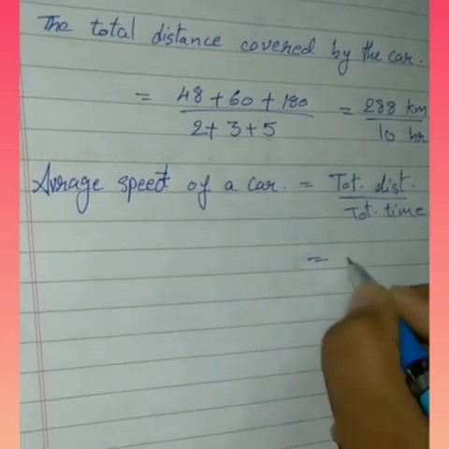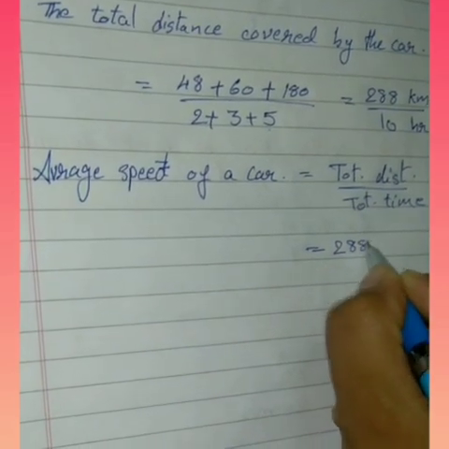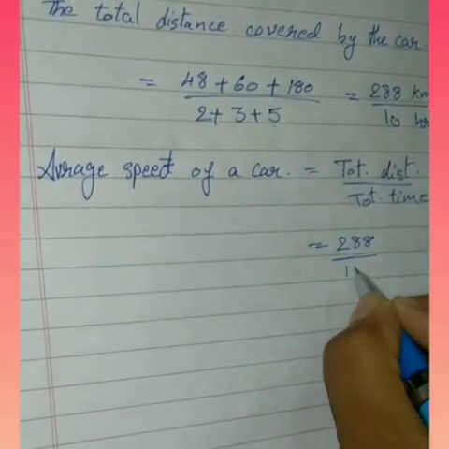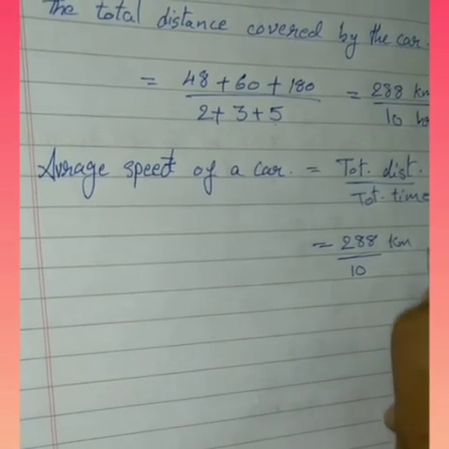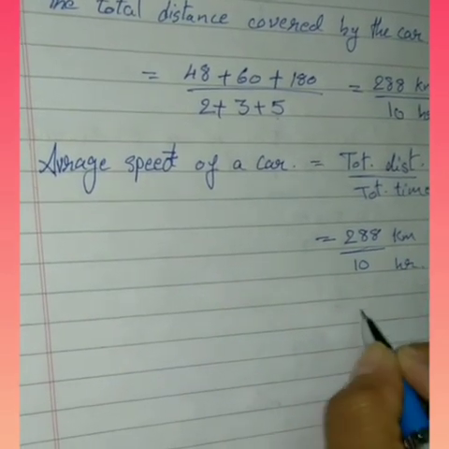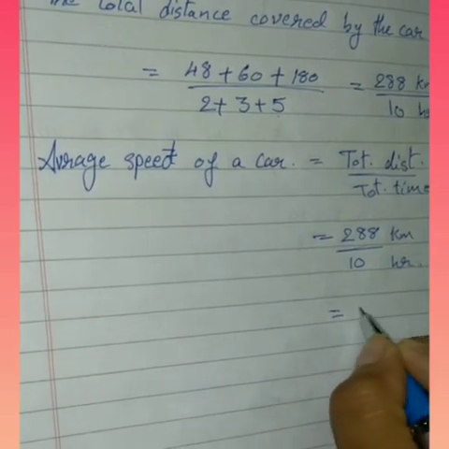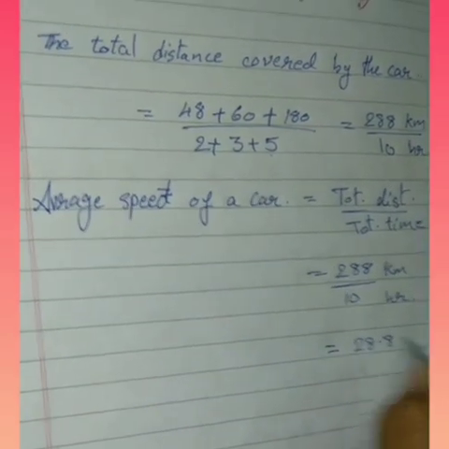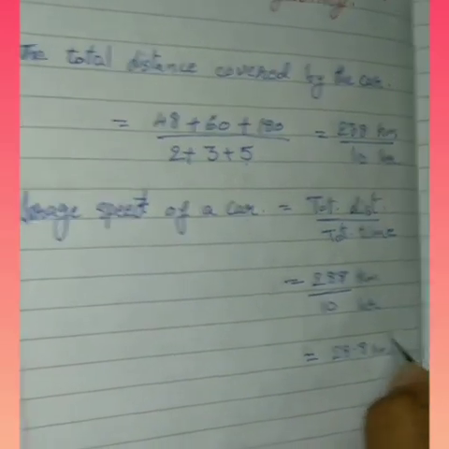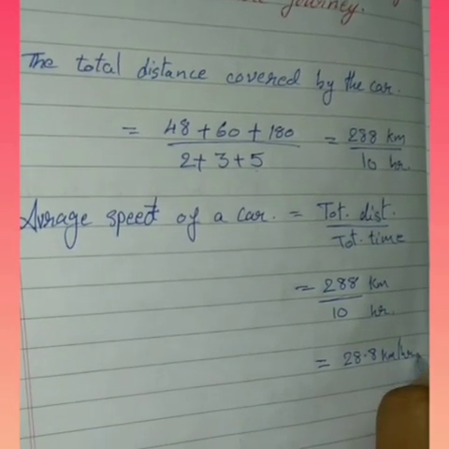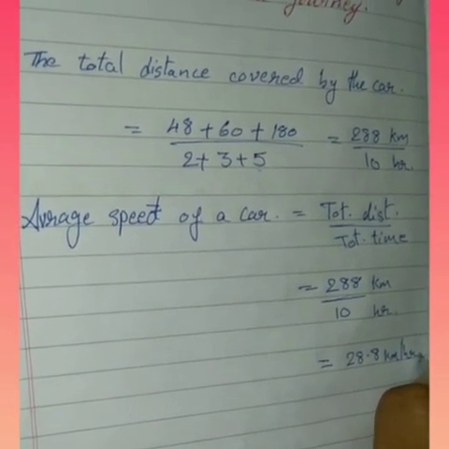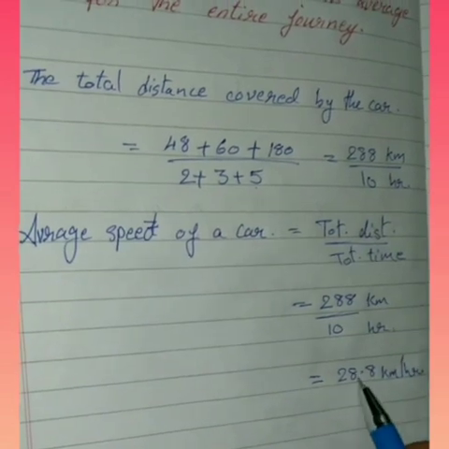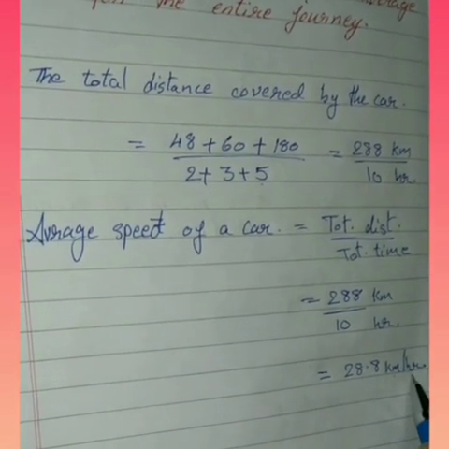It is already given: 288 upon 10, means 288 kilometer upon 10 hour. That means it is equal to 28.8 kilometer per hour. Thus, the average speed for the entire journey of a car is 28.8 kilometer per hour.